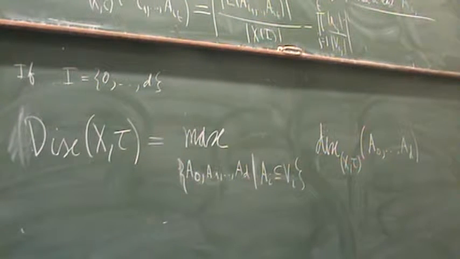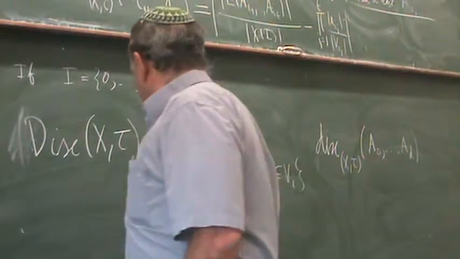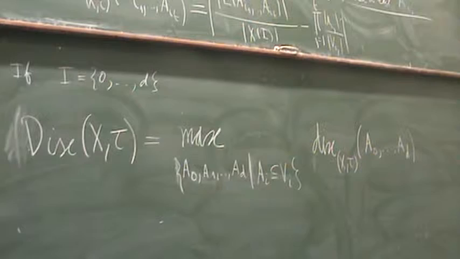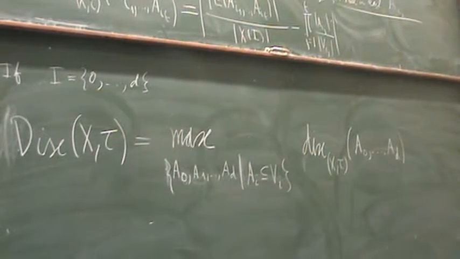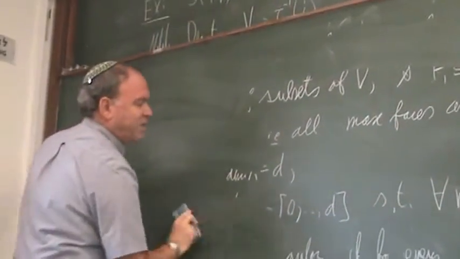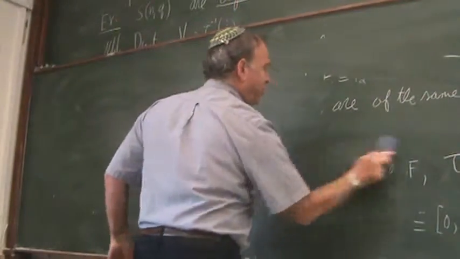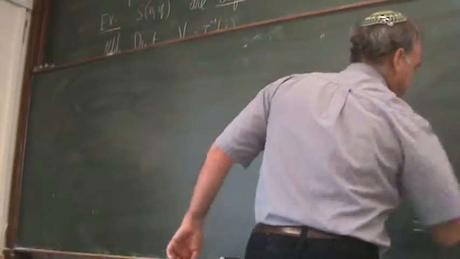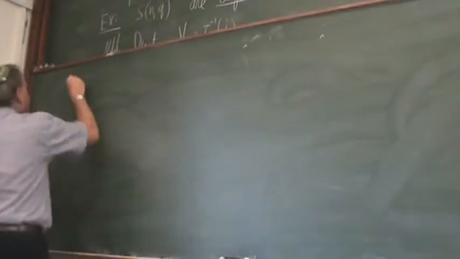But let me recall something that we really saw for bipartite graphs. Let's look at the bipartite graph, which is a special case of this.